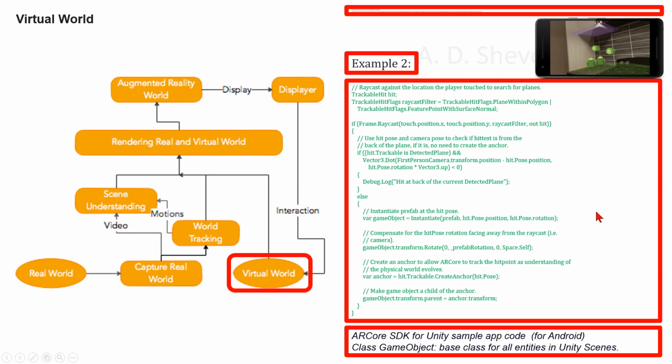Here, after planes are tracked, the update method handles user input for placing ARCore pawn objects on detected planes. When a user taps the screen, the frame raycast uses a raycast from tap position to detect whether the user tap a plane or oriented points.